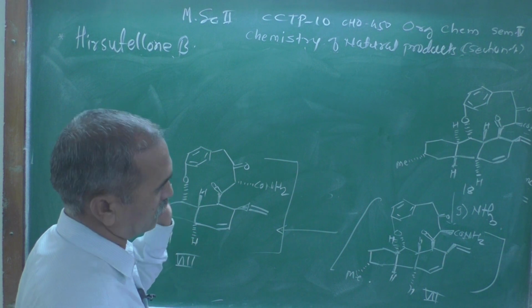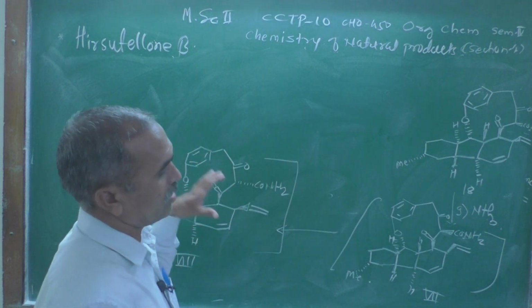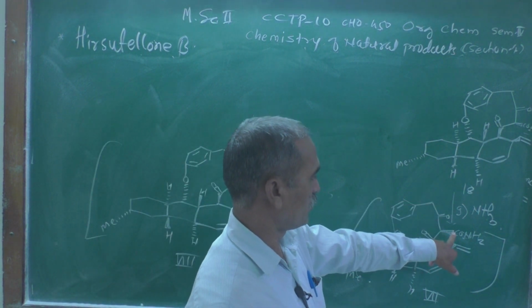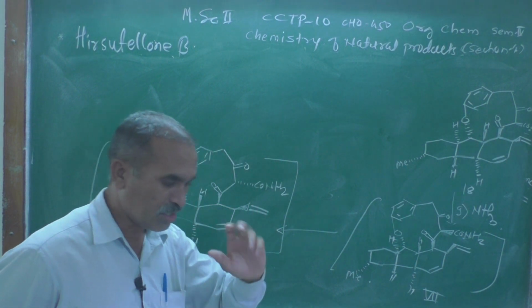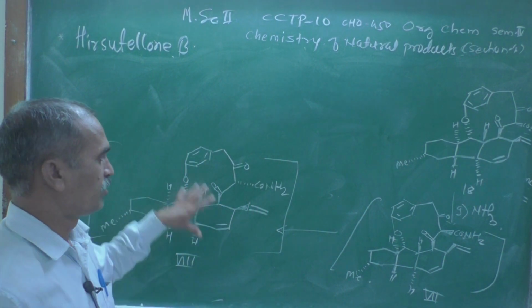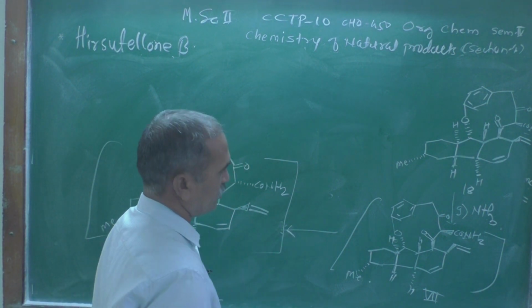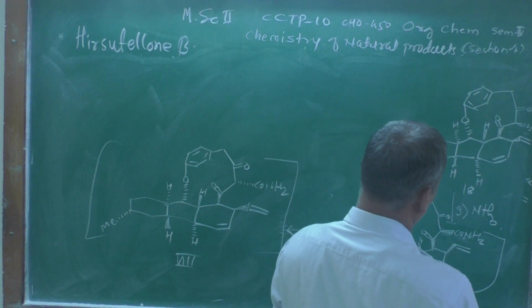That is the difference. Suppose it has an S configuration, it should become an R configuration, or if it has an R configuration, this should be an S. That is the configurational change taking place over here. So do you know what the configuration could be?